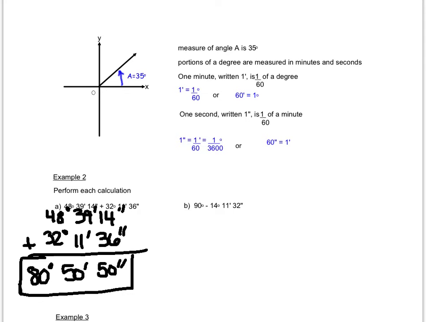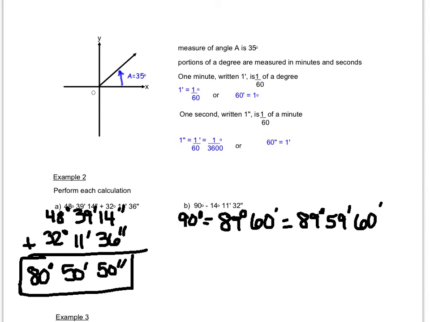And then on part B, we have 90 degrees minus 14 degrees, 11 minutes, and 32 seconds. Well, we don't have any placeholders for the minutes and seconds, so we need to create some. So we can say that 90 degrees equals 89 degrees and 60 minutes, which equals 89 degrees, 59 minutes, and then that minute becomes 60 seconds.